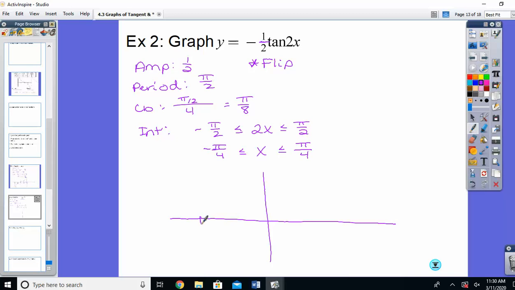So -pi over 4 is the first point. Plus pi over 8 is -pi over 8. Plus pi over 8 is 0. Plus pi over 8 is positive pi over 8. Plus pi over 8 gives us pi over 4. Amplitude is a half.